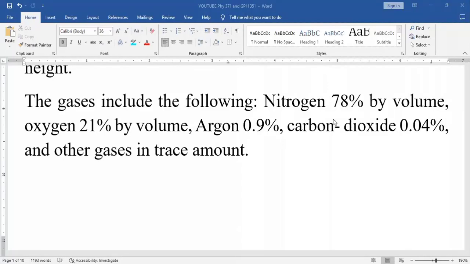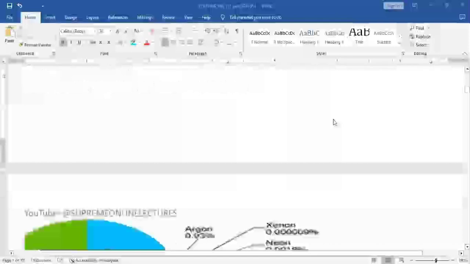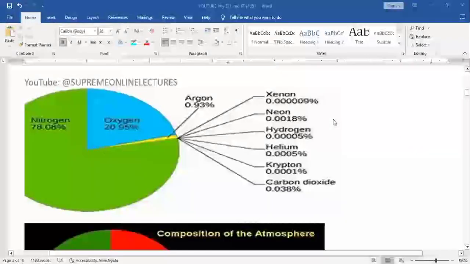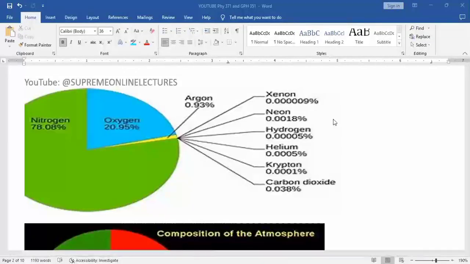Then the remaining 1% is occupied by other trace gases, where we have argon, xenon, neon, hydrogen, helium, krypton, carbon dioxide, and all of that.